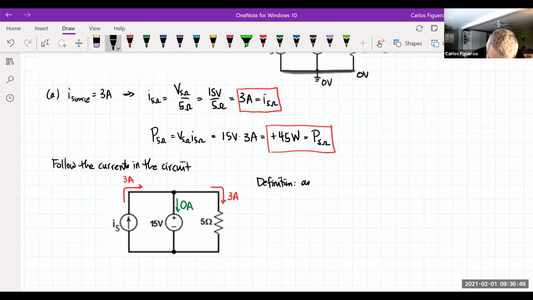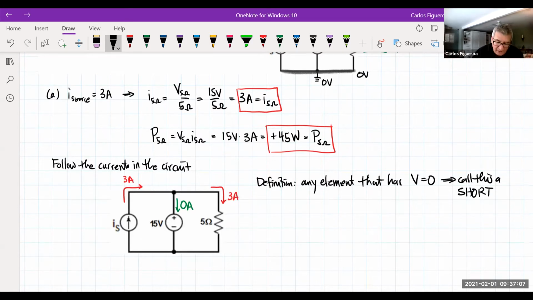Definition: any element that has voltage equal to 0, you call this a short. So the question is, what have we done? If the source is 3 amps, this means that the 15 volt source is shorted out.